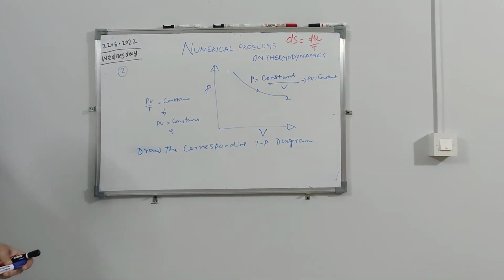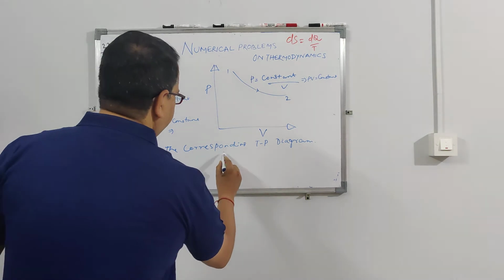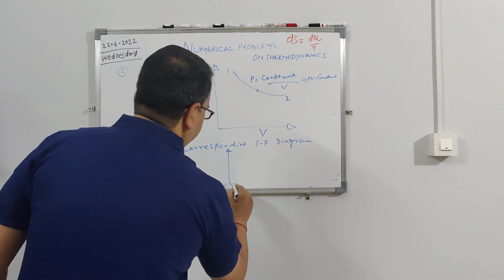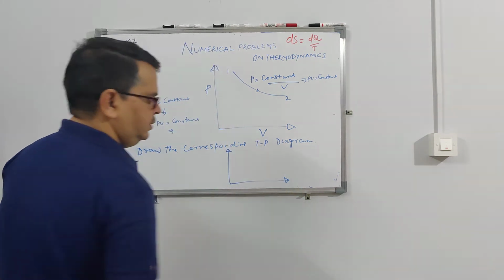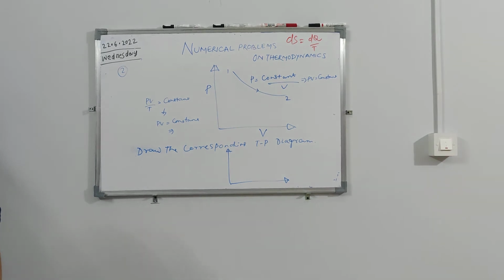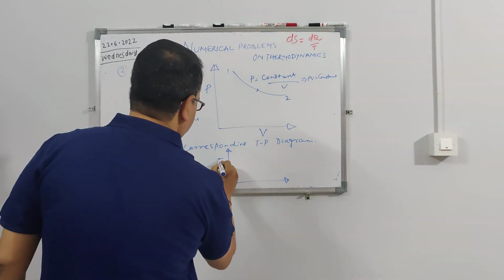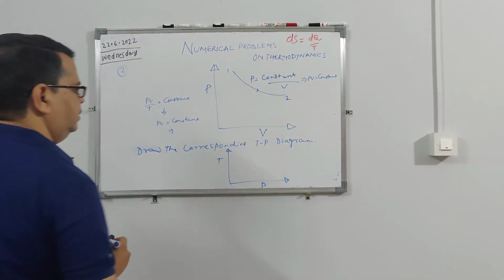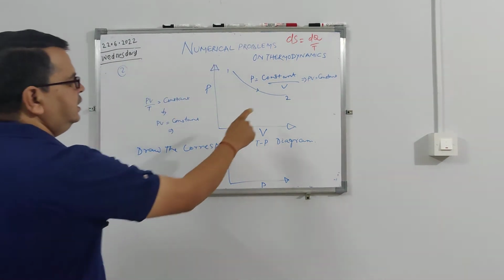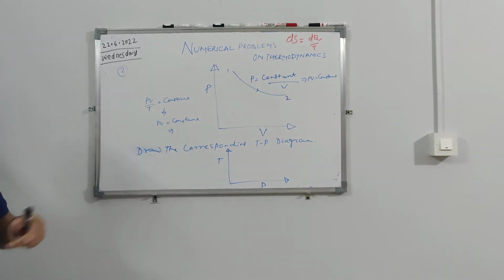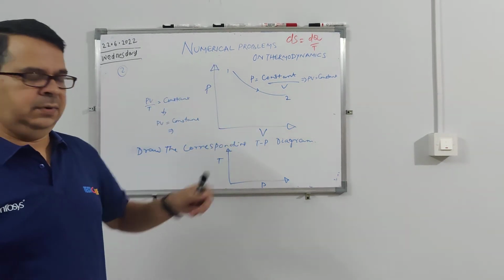Let me put my curve here. This is my temperature, and this is my pressure. Here you can see it is expanding. Expanding means the pressure has come down.